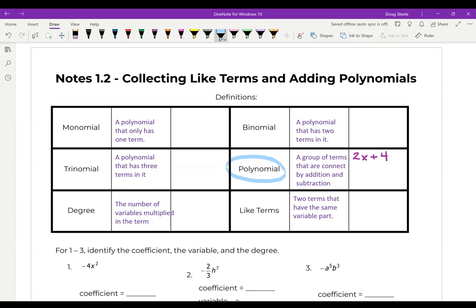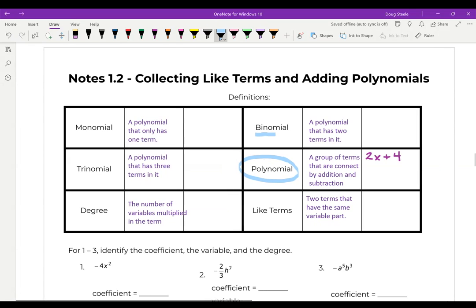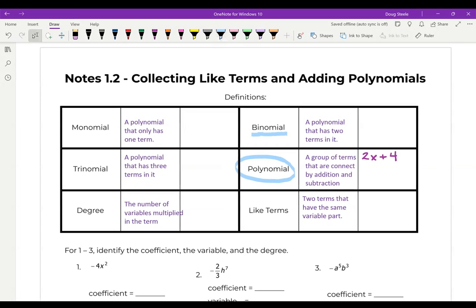That is an expression that has two terms. It's known as a binomial. And because it's written with a 2x being one term, the positive 4 being another, and then they're connected with that plus that's happening.